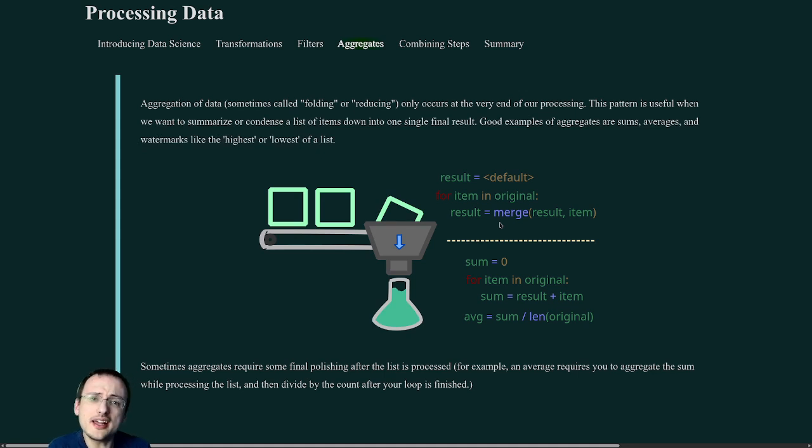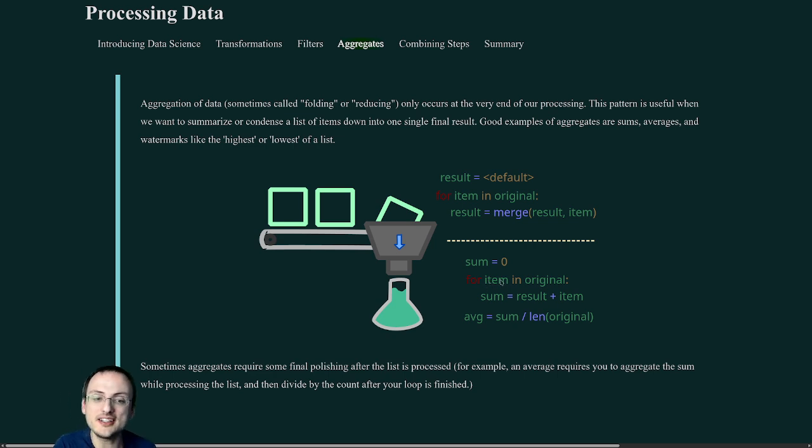But to give you a concrete example of this, say I had my list of scores and I wanted that average, that running example we've been using. For that, our result would be 0 as the default value, because for an average, we have to do this in 2 steps. Step 1 is add all of our components together. So for our loop, all we're going to do is take the sum of all of these numbers.